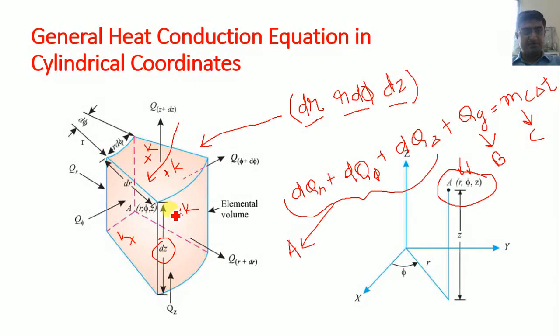So the amount of heat stored in the element due to heat interaction and heat generation is the C portion of that equation. We have to solve first the A part, then the B part, and then the C part. We will prove the A part, B part, C part, and finally the general heat conduction equation in cylindrical coordinates in our next lecture.